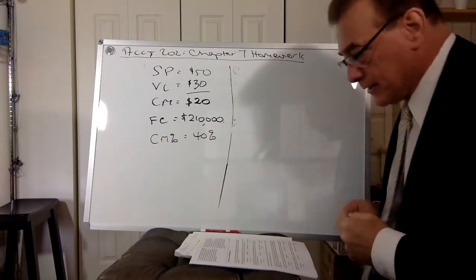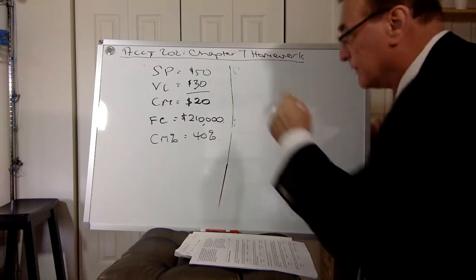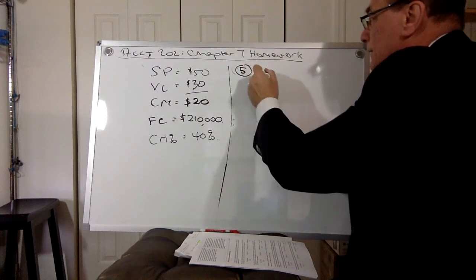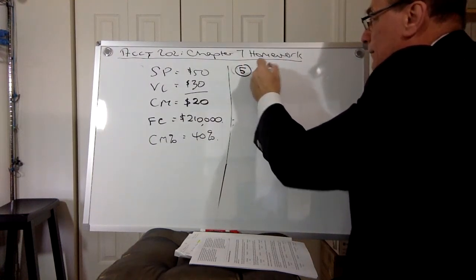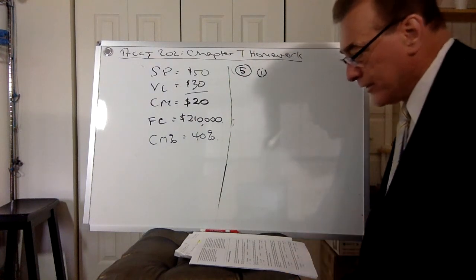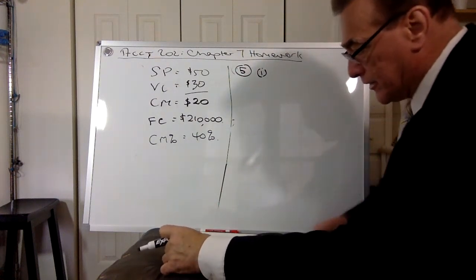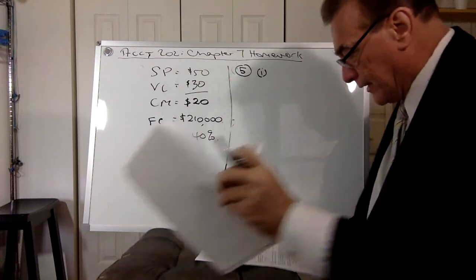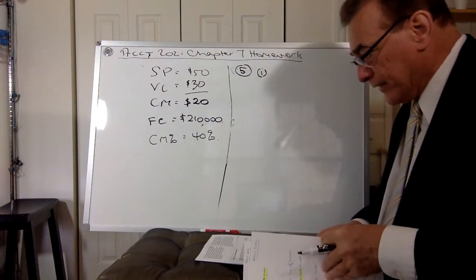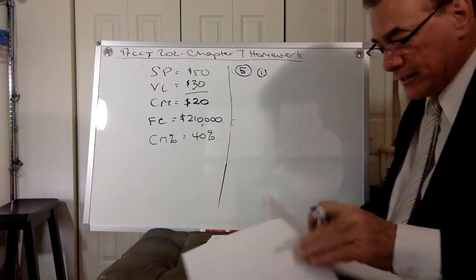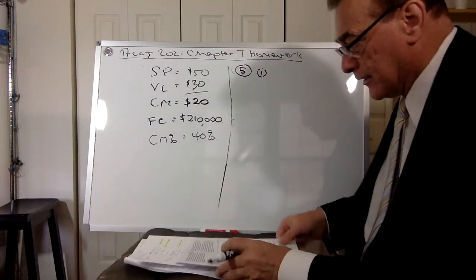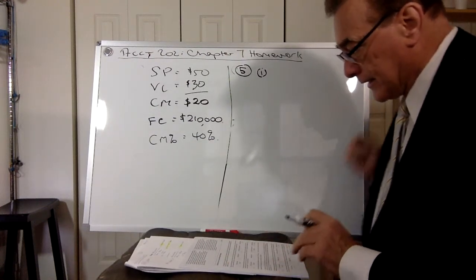Question 5, part 1. Suppose Fun Time Cruise Line cuts its dinner cruise tickets from $50 to $45. So the selling price is now $45, not $50. Okay?